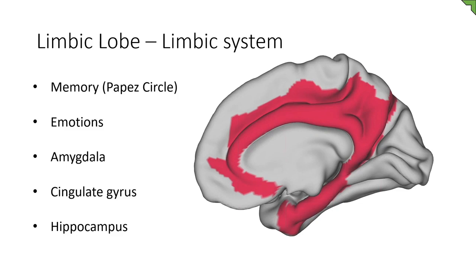And probably you all know the limbic system, even the word is strongly associated with emotions. So emotion processing is placed there. Therefore, it's also connected to the amygdala, which is not part of the limbic lobe, but part of the limbic system. Now you're also seeing that we are switching a bit from the structural parcellation of the brain to the network view.